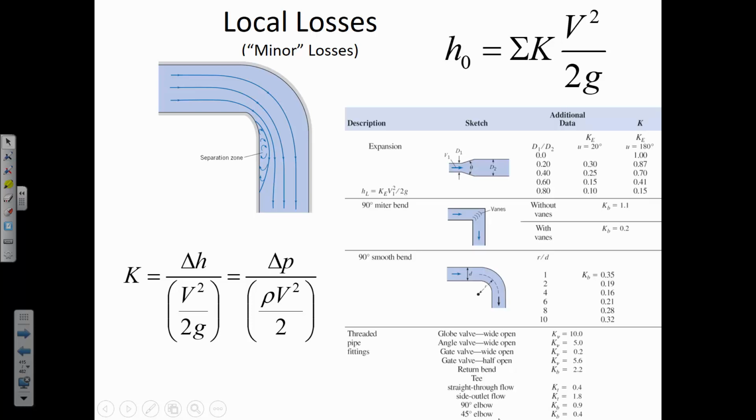So this is that same table that was on the backside of the lab handout I gave you that shows some typical K values. Actually, I think this was on the handout I gave you in class on Tuesday.